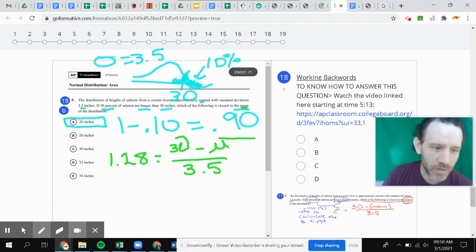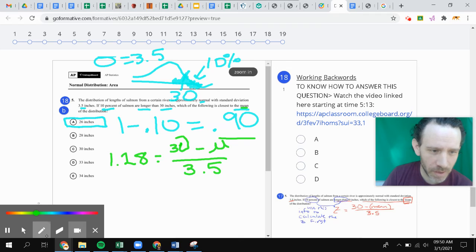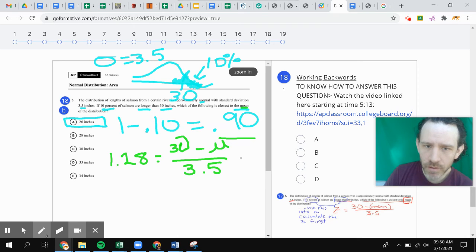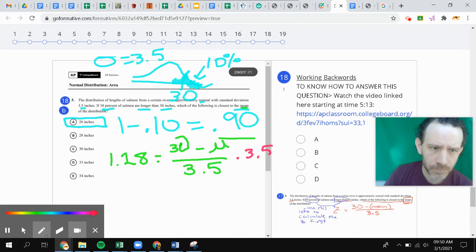And what do you start with? You start with multiplying by 3.5. If you've got this algebra, you can probably do this on your own. You don't need to have me go through it, but if you'd like to see it, we're going to do that now. 3.5 on both sides to undo the fraction. Do that calculation.